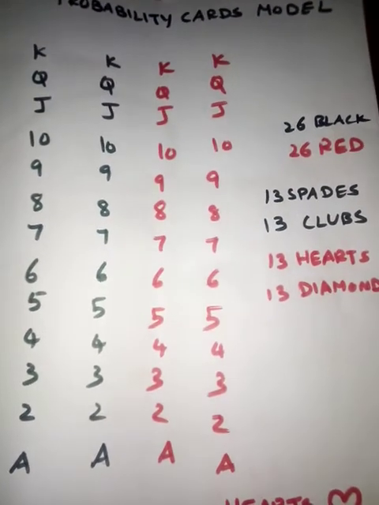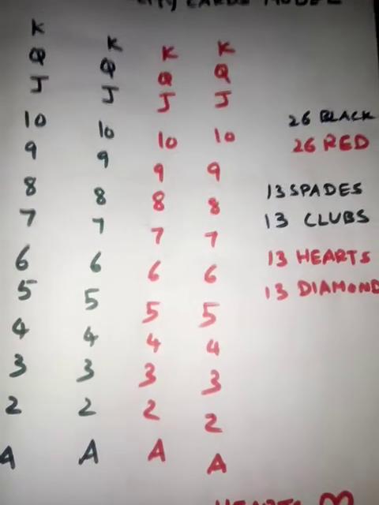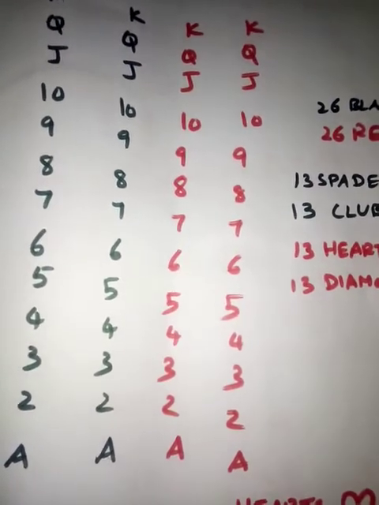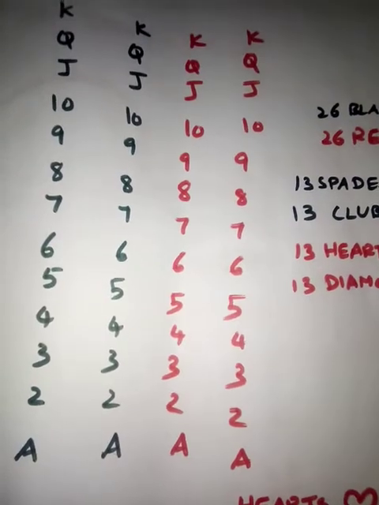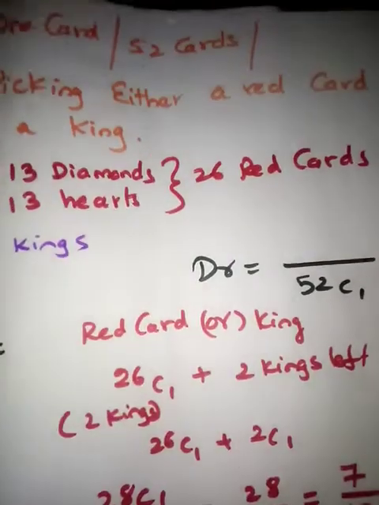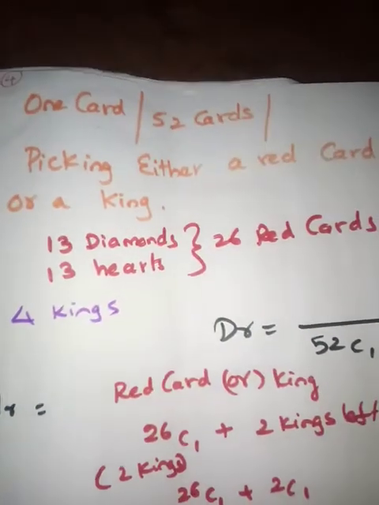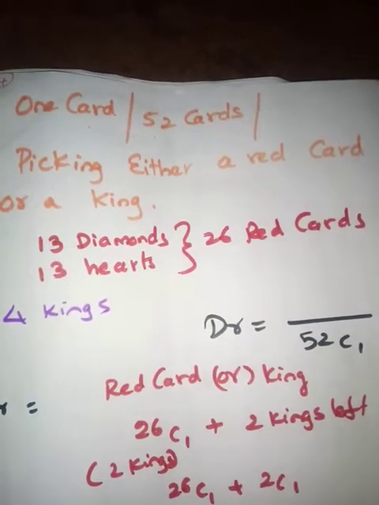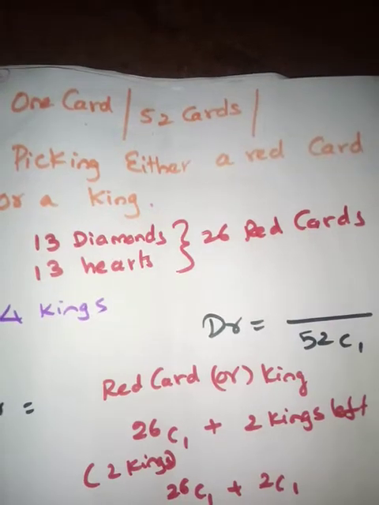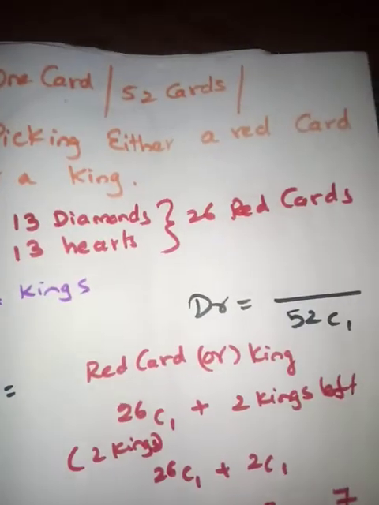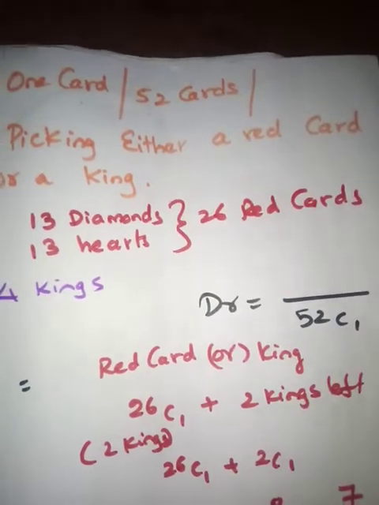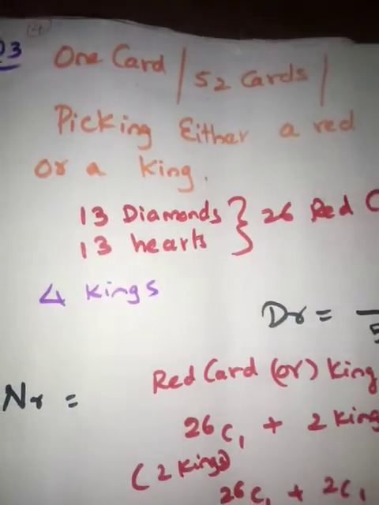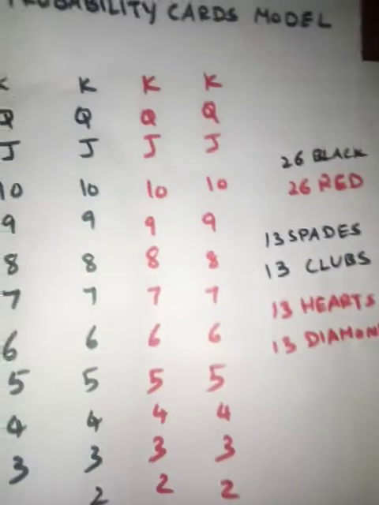So 26C1. When I go for the question once again, one card from 52 cards, picking either a red card, 26 red cards, already I have written here, 13 diamonds and 13 hearts, you can see 26C1, or is asking a king. If you see, there are 4 kings.